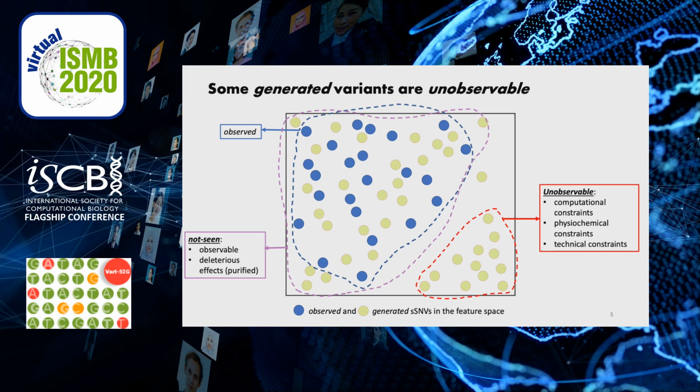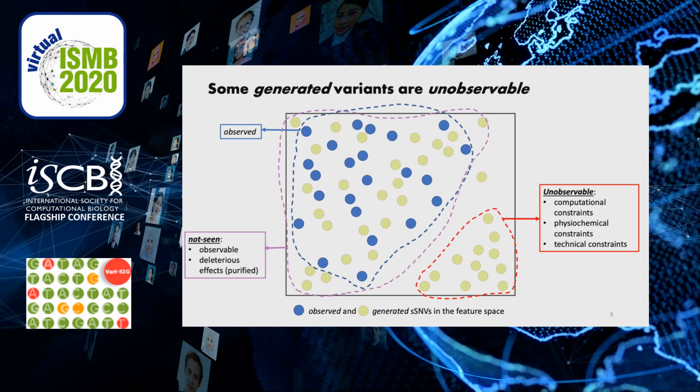And the remaining ones are in the corner, very different from the observed ones. We call them unobservable. We may never find them because of the constraints of our model, our features, or because of the physicochemical constraints of the DNA structure, or even the technical constraints during the sequencing process.